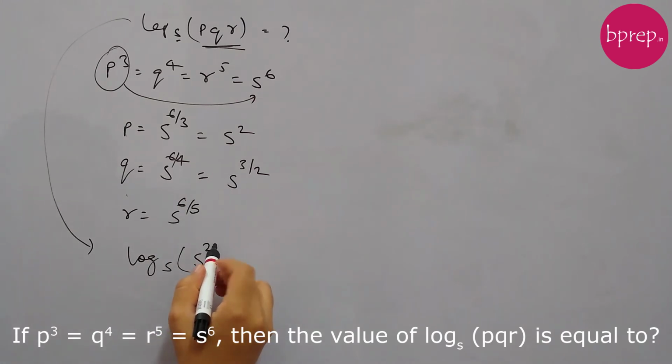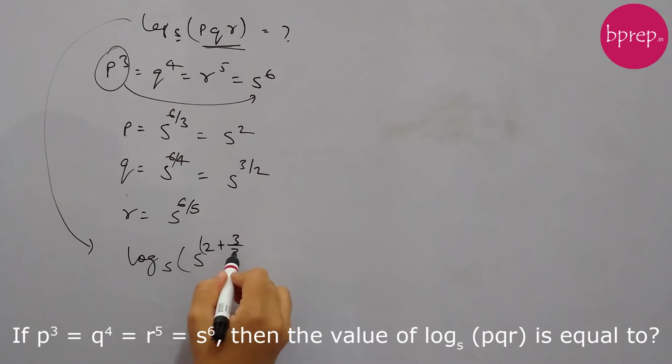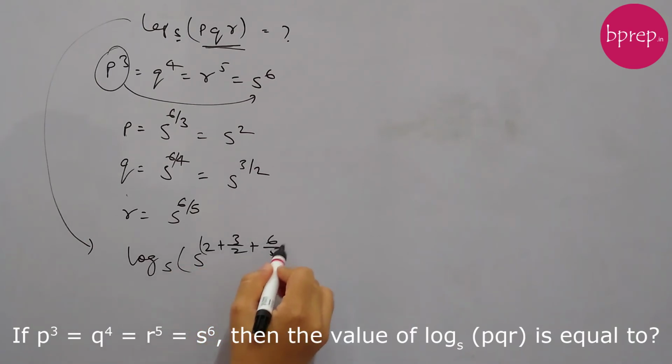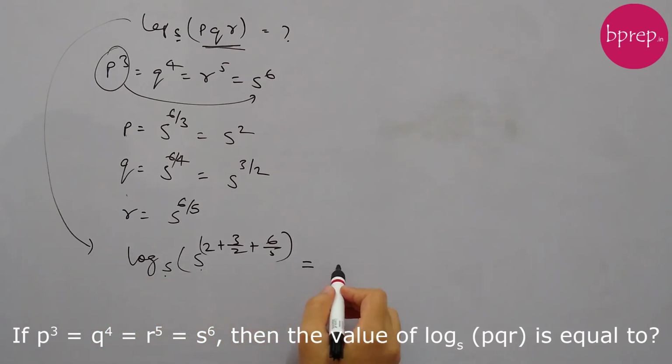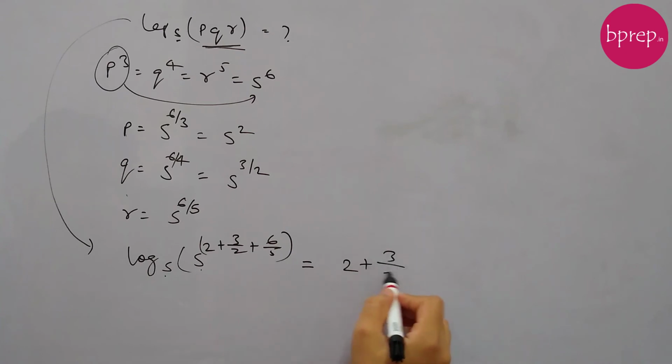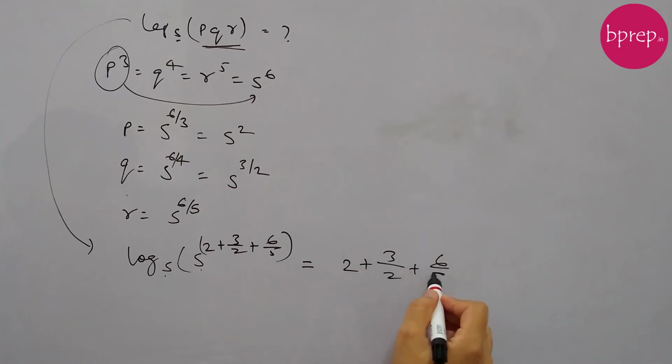So it will become S to the power 2 plus 3 by 2 plus 6 by 5. Okay. So log to the base S and S to the power something, so this will get cancelled. Okay. And this expression can be written as 2 plus 3 by 2 plus 6 by 5.